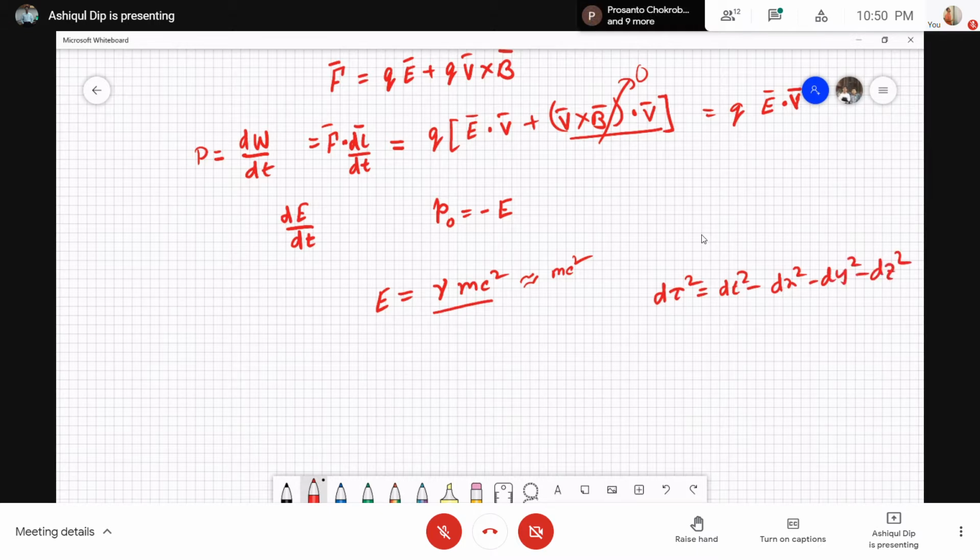Now if we divide everything by t, that will give you (d tau over dt) whole squared equals 1 minus (dx over dt, which is vx) squared, minus vy squared minus vz squared, right?